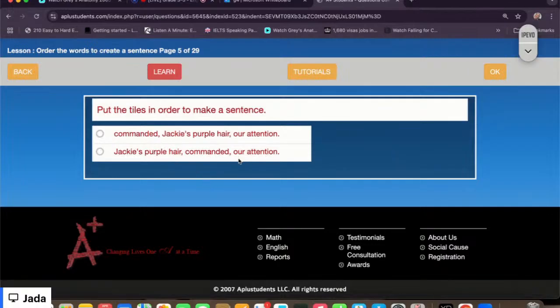So "commanded Jackie's purple hair our attention." What's the right one here?